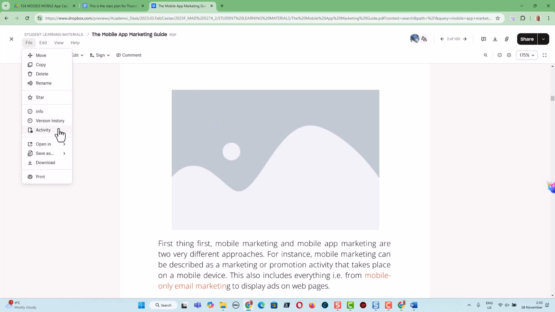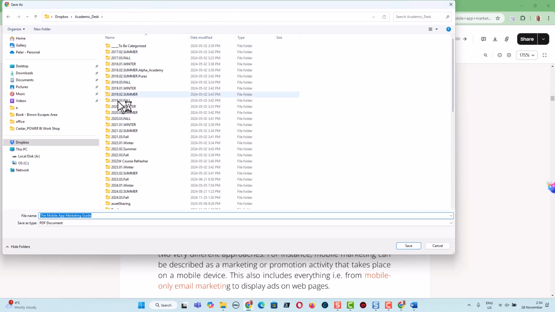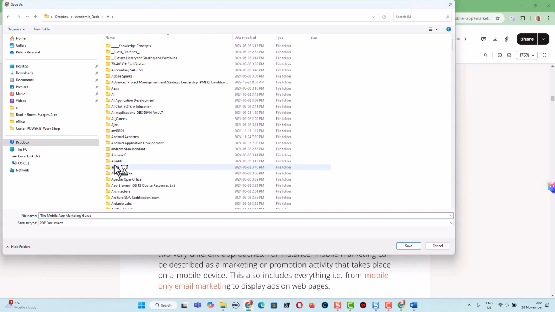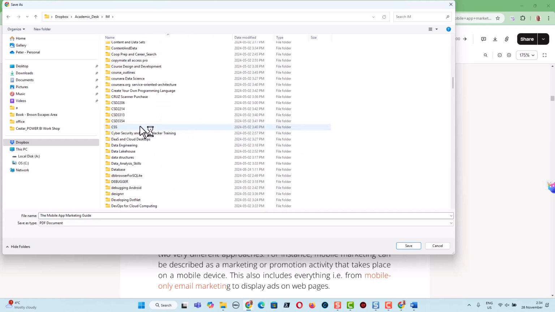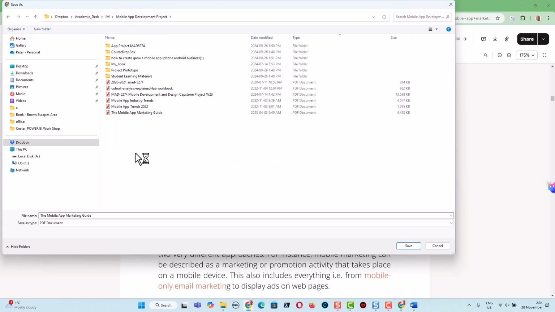But this is some stuff you could look at in terms of your marketing. How can I download this? Export. Download. Oh, actually, I already had it. It was right there.